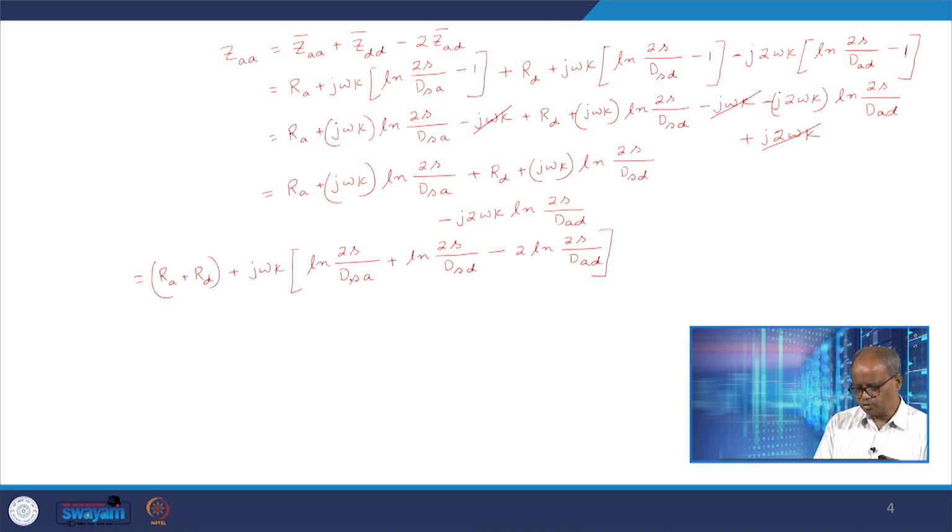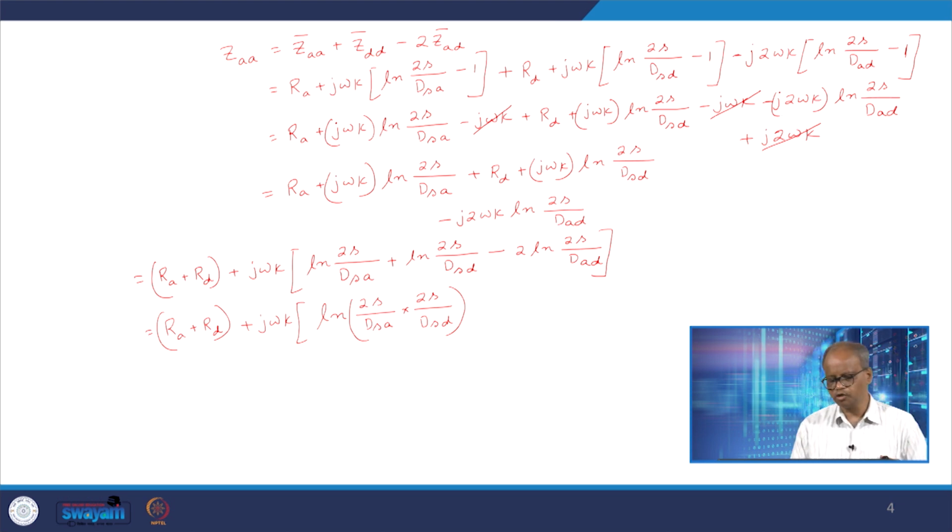Now, we know that log A plus log B is equal to log A into B. So then I can say that this is RA plus RD plus j omega K into log of 2S into 2S by DSA into DSD. This plus this is equal to log of this into this, that is the standard logarithm formula, and minus, now twice log of something is nothing but log of that square.